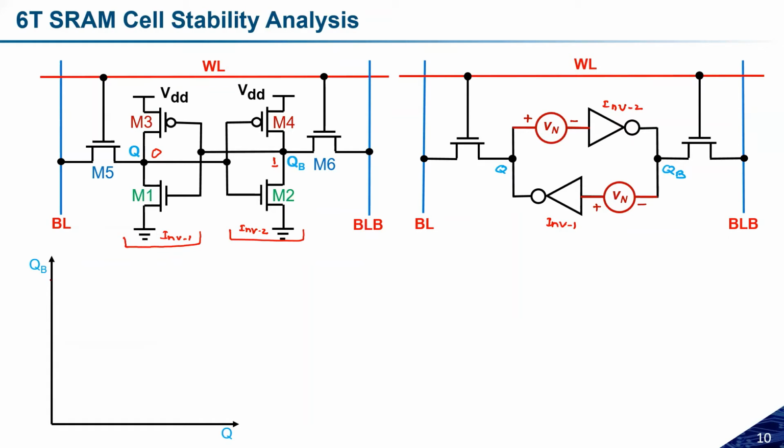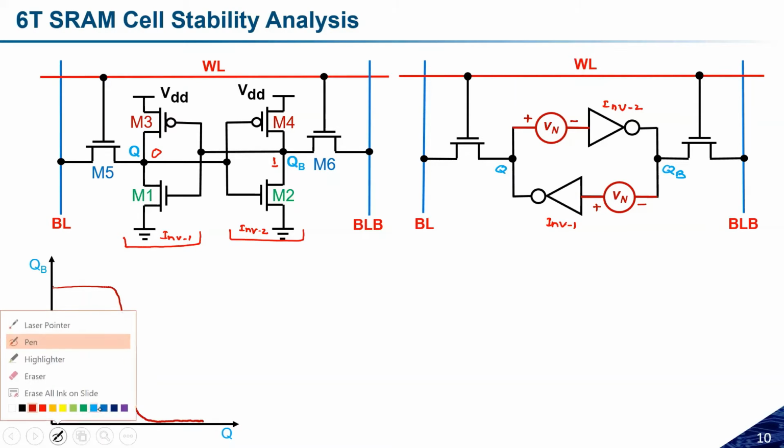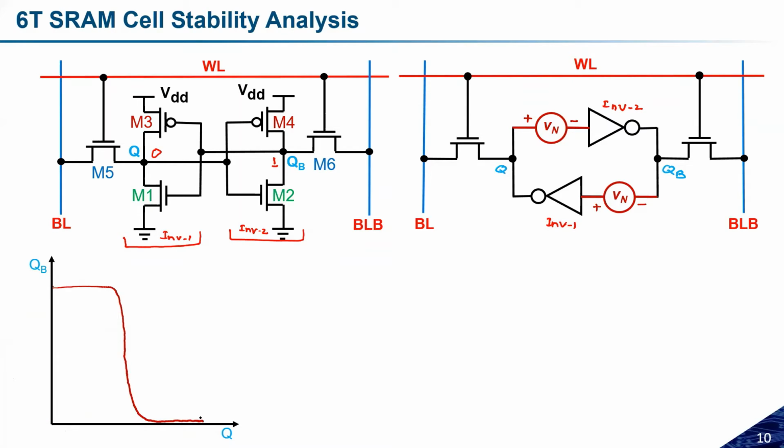Let us try to make the behavior. The inverter shown here will look like this one. So this is for the first inverter, and similarly for the second one, let us try to make it something like this.